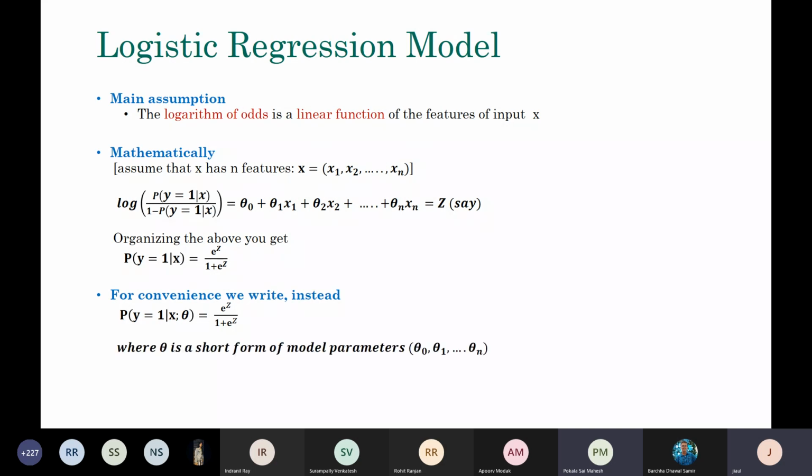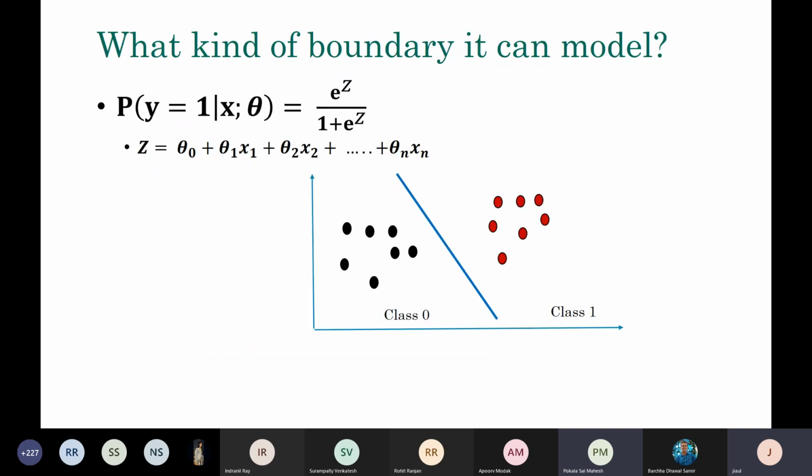This expression can give linear decision boundaries because the function z is a linear combination of features. So we try to figure out a good straight line which will separate the two classes, class 0 and class 1.